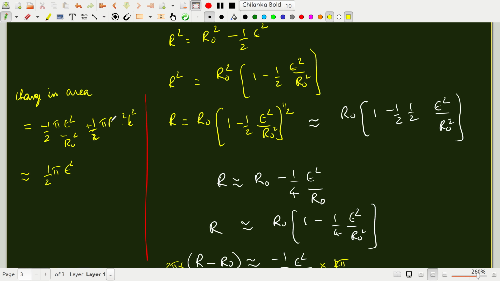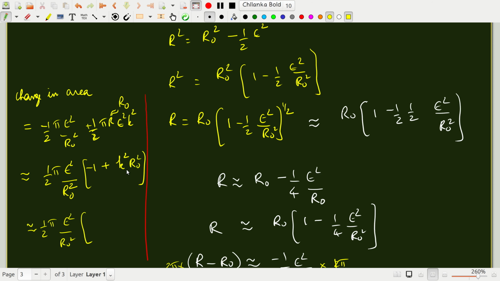Epsilon squared k squared. Now if I take, and this r is approximately r naught, if I pull out r naught, I'll get minus 1 plus this. Since I have taken r naught squared, I'll have to multiply by r naught in the numerator. This will be simply k squared r naught squared, or change in area is nothing but half pi epsilon squared by r naught squared.